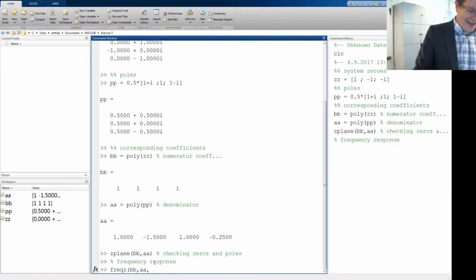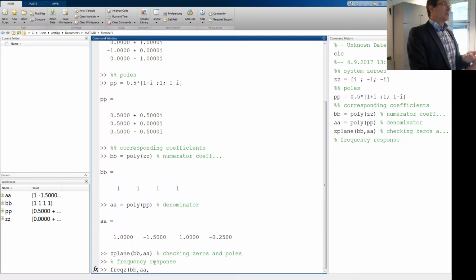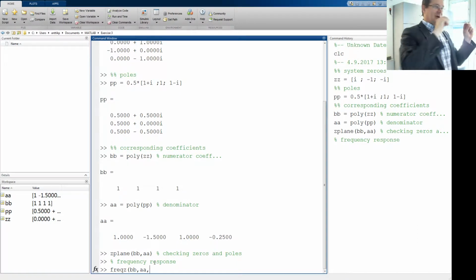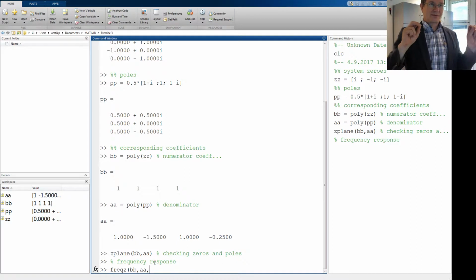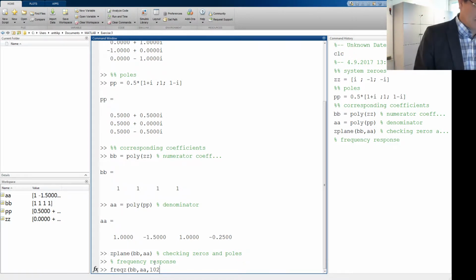Okay, but anyways, the third term would be how many points you want to calculate. So how many points on half circle to calculate the frequency response. For example, if I wanted 1024 points, that would be just fine.